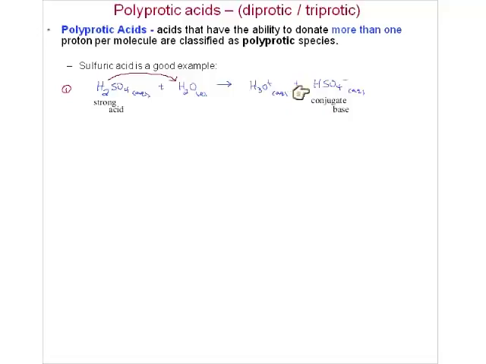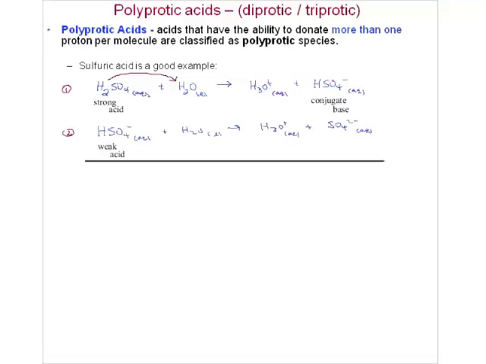Now even though this is recognized as a conjugate base in this particular reaction, because it's grouped with the sulfur, the sulfate, we can continue to add our sodium hydroxide here, and in the next step of this reaction, HSO4 minus is going to act as a weak acid.